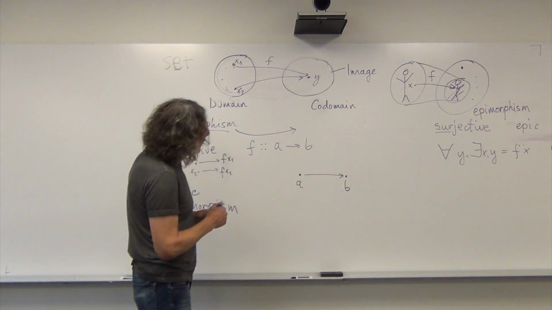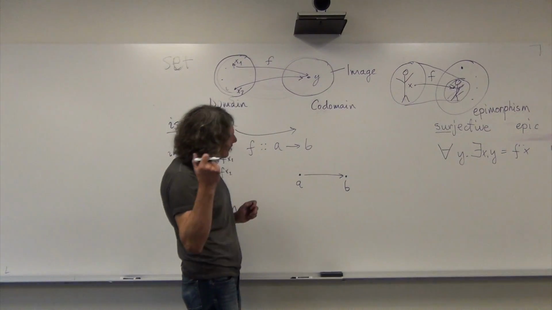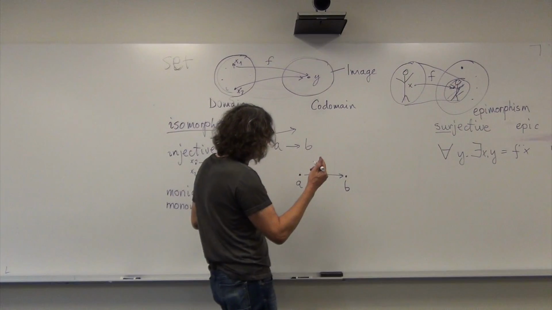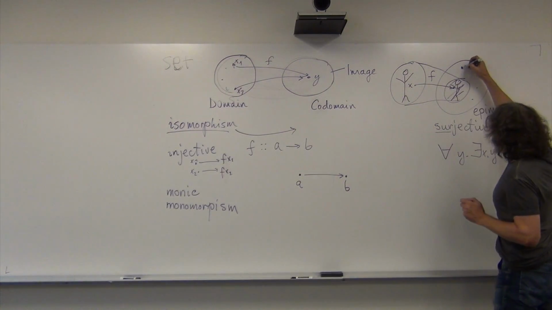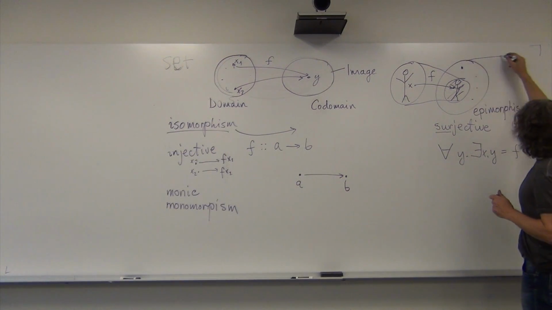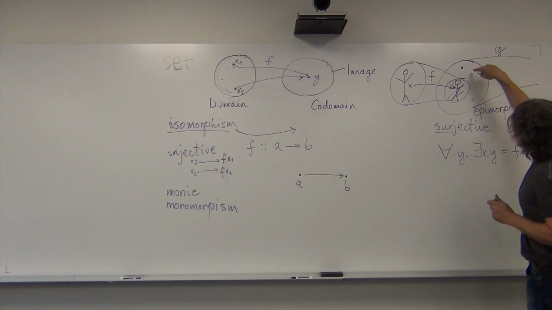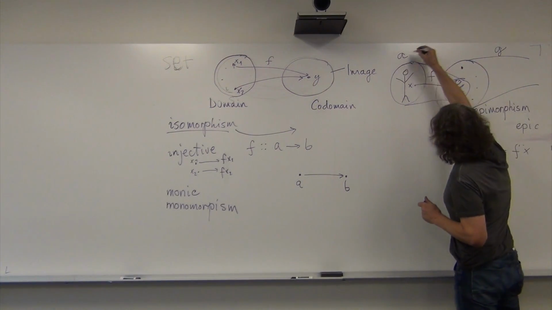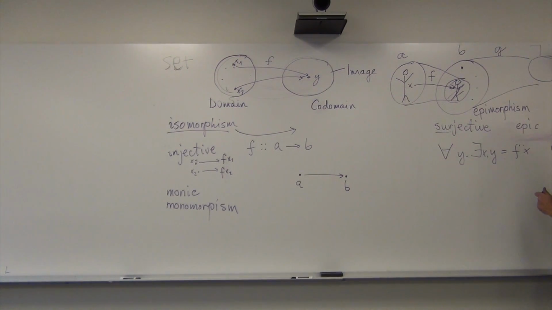Okay? So let's first think about if it's not surjective, what does it mean? If it's not surjective, it means that there are guys here that are not in the image, right? So suppose that I take another function called G from this set. So this is my set A, this is my set B. Let's say I pick a set C, whatever set, right?